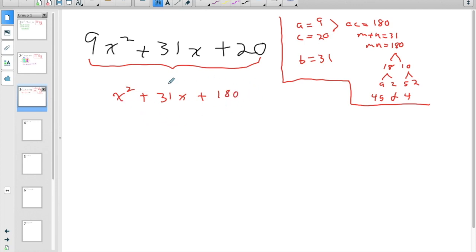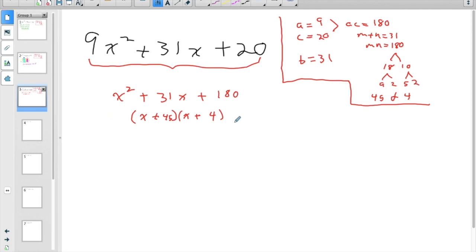And the reason we do this is because we know exactly how it looks as a factored product. It's, in this case, x plus something times x plus something. And the two somethings that we have are right over here. So we have x plus 45 and x plus 4.